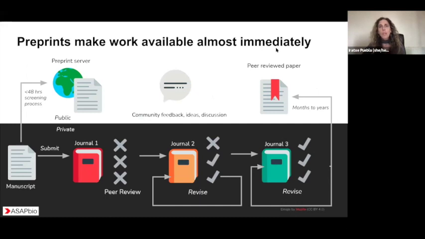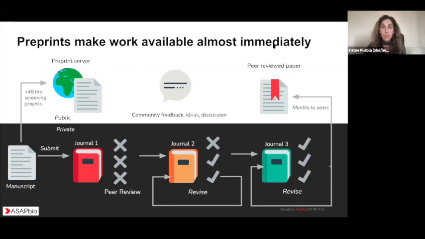One of the main advantages of preprints, and the reason why many researchers are now using them to disseminate their work, is the fact that they make the research papers available almost immediately. Some of you may be familiar with the traditional publication process at journals, which can involve different cycles of submission of a manuscript to a journal, and then the peer review and editorial process, which can take months and sometimes even years.